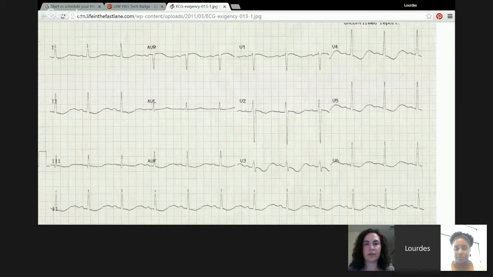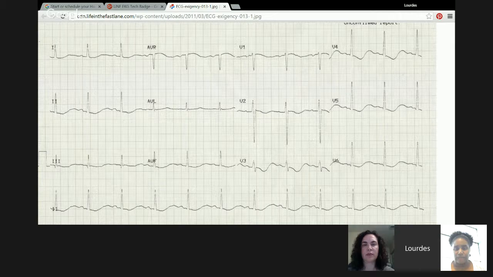And there does not appear to be any elevation or depression in those leads. And looking at the septal and anterior walls, so V1, V2, V3, and V4. V1 and V2, there does not appear to be any elevation or depression.